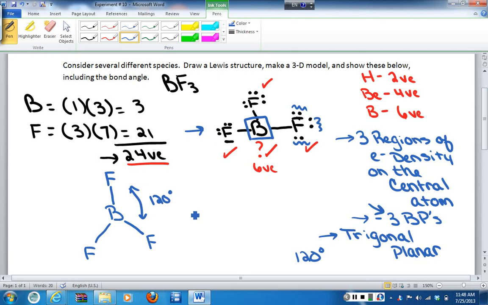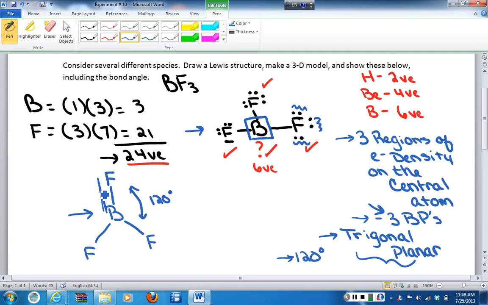Based on our Lewis structure, we've generated the appropriate 3D model, and we've also included the bond angle and the geometry of the molecule. And again, remember, because this is planar, we know that the molecule is flat and that these bonds are all in the same plane. Now, one of the last things that we have to look at is molecular polarity.